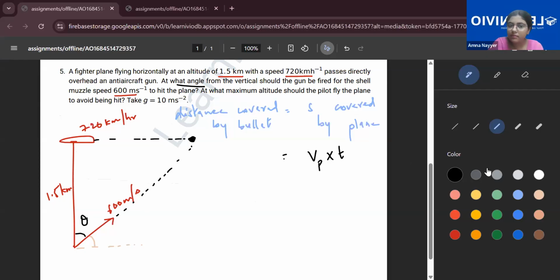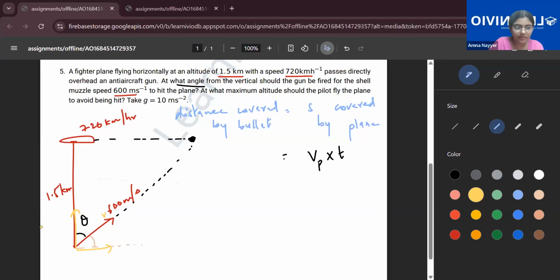Neha, can you just tell me what will be the component here? Let's say this is V. V sine theta. Will it be V sine theta if the angle here is theta? With the axis, when an angle is made, what do we take, cos or sine?